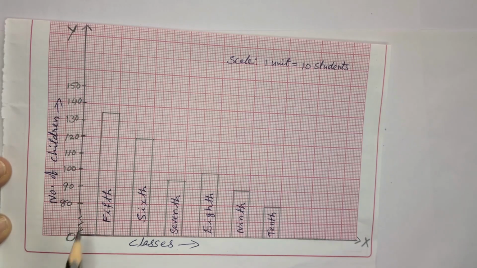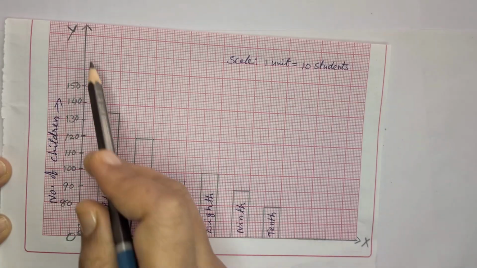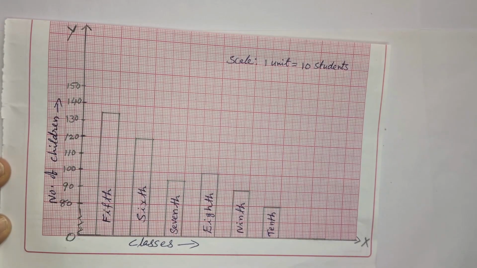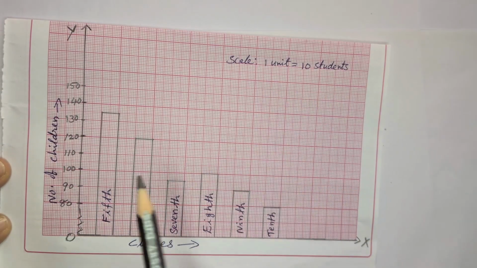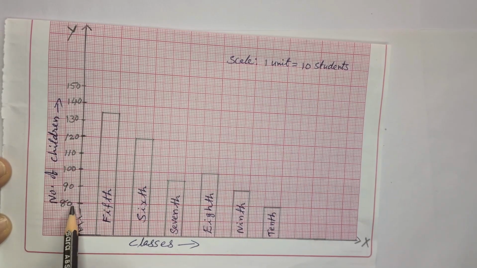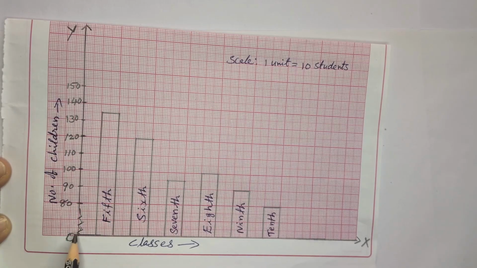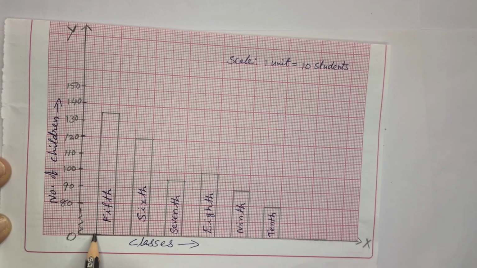To draw the bar graph, first we mark the x-axis and y-axis, and here 0. Then we can choose 10 students as 1 unit. So we are starting from 80 and then 80, 90, 100, etc. up to 150 marked. And leave 1 bar, 1 square, and then each square.